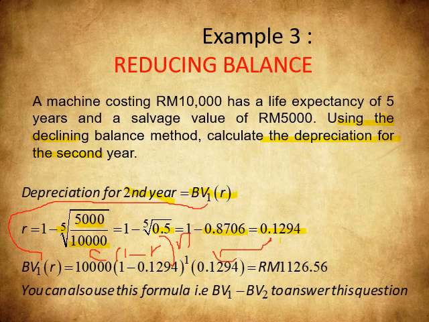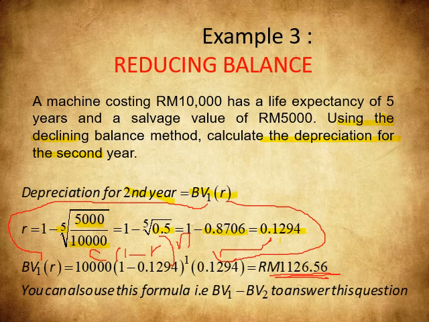Power of 1 sebab kita nak tahu nilai semasa BV1 pada tahun pertama. So N equal to 1, times with R. Again, times with R. Okay. So you get the answer for depreciation for the second year.